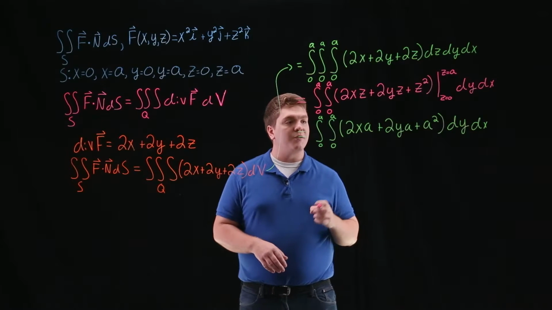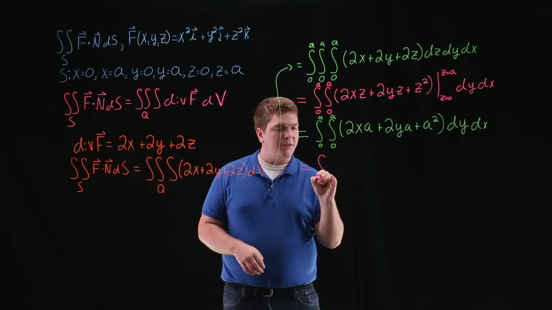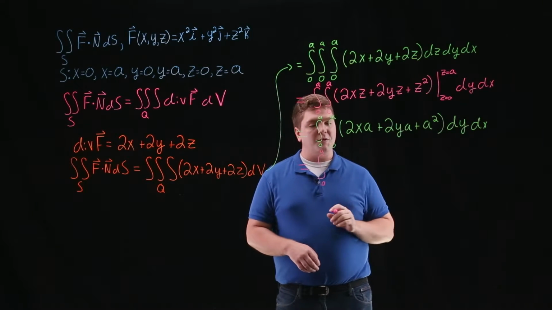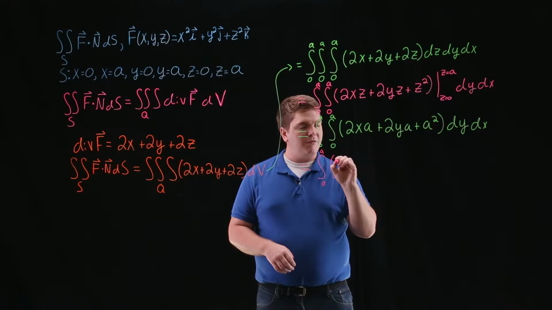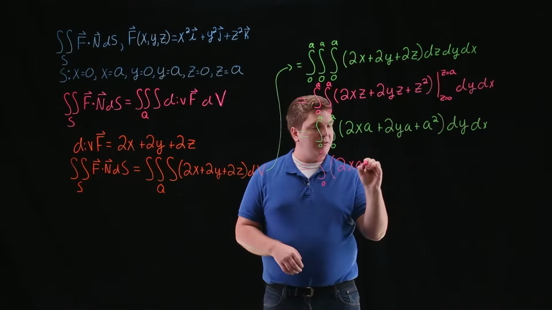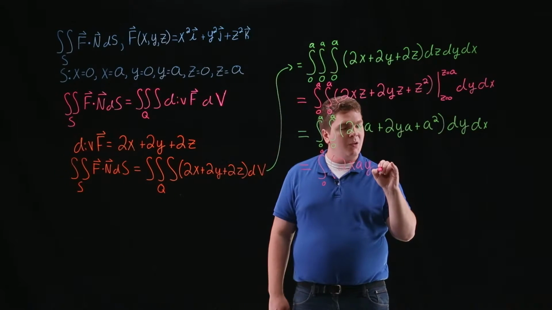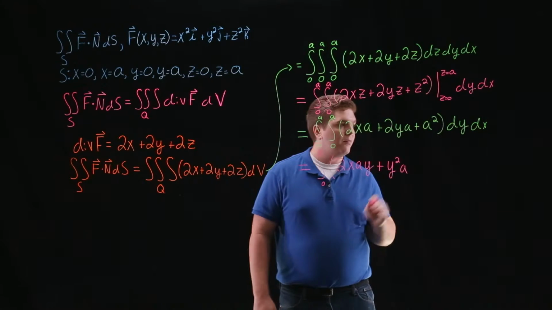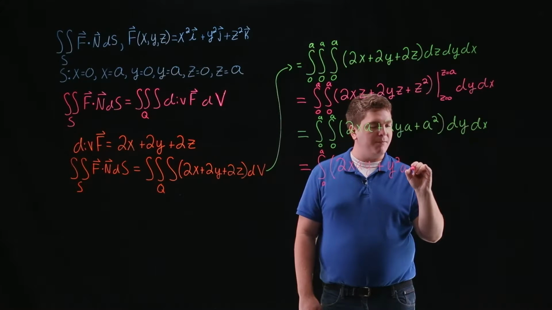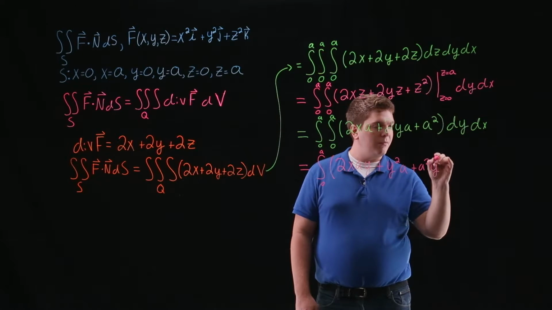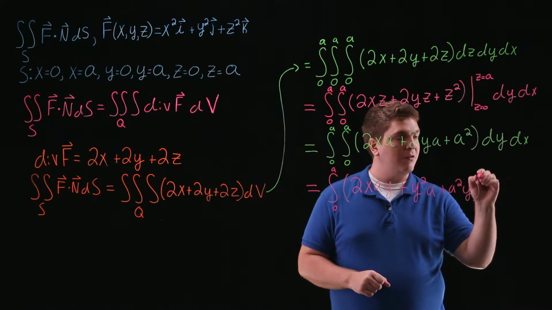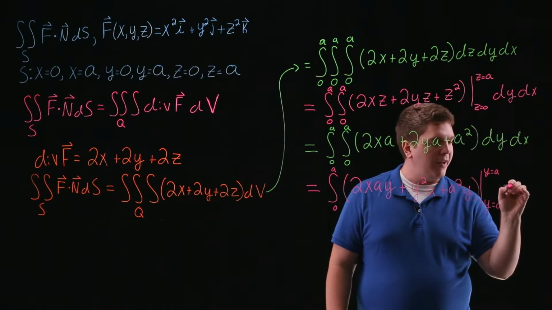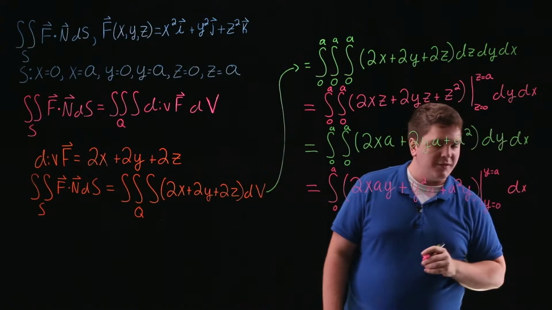So let's integrate with respect to y. This is the integral from 0 to a of 2x times a times y, plus a times y squared, plus a squared times y, evaluated from y equals 0 to y equals a. Finally, we'll integrate with respect to x.